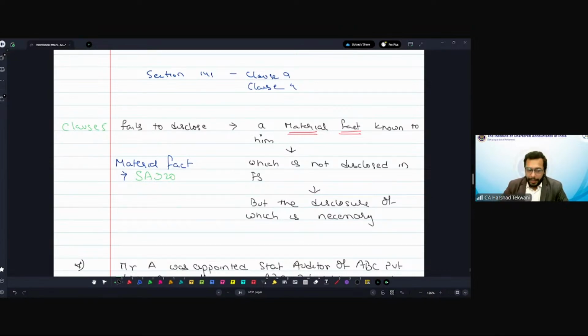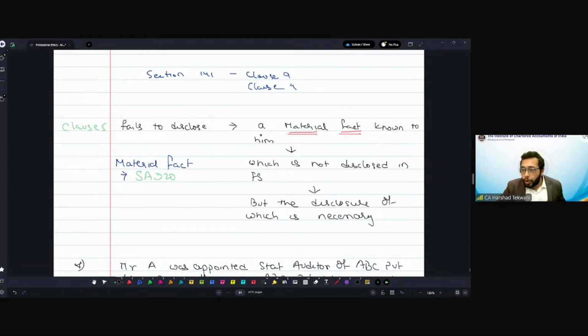Correct. So what we need to look at over here is, first of all, is it a material fact? Yes, it is a material fact. Is it disclosed in the financial statement? No, it is not disclosed in the financial statement.